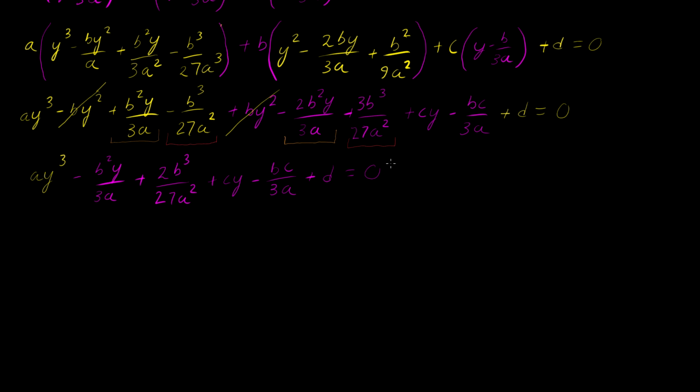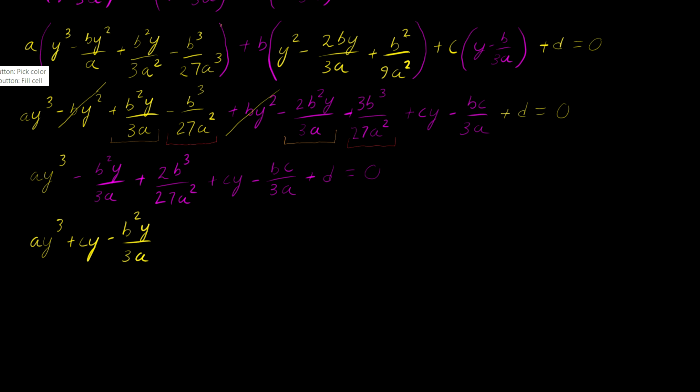And now let me try and group some of the y terms together. Let me try and rewrite this. So we're going to be left with ay cubed plus, let me write our cy here. Let me get my y terms together. Minus b squared y over 3a. There's our y terms.